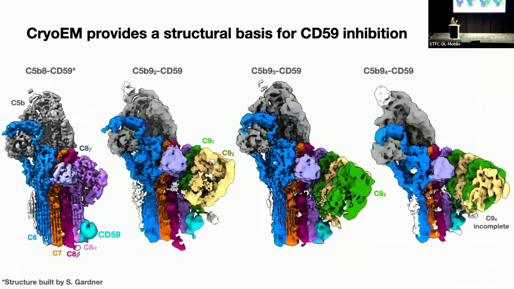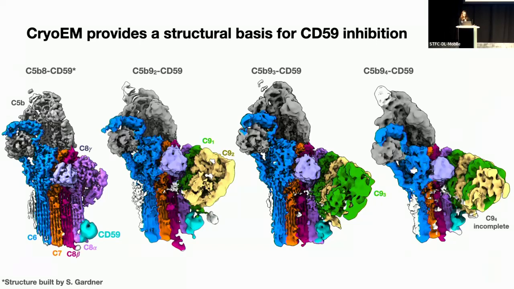So from these refinements, we did local resolution filtering, and although this gave us a first insight into how CD59 was binding to our complex, you can tell from these locally filtered structures that the local resolution of CD59 is pretty poor in this area. It's about 8 to 10 angstroms.